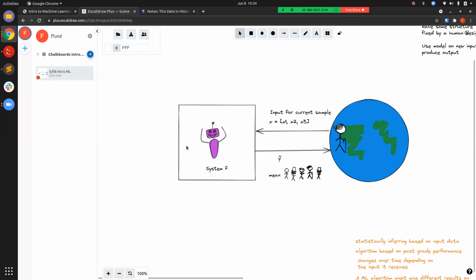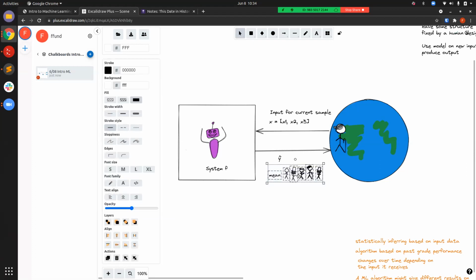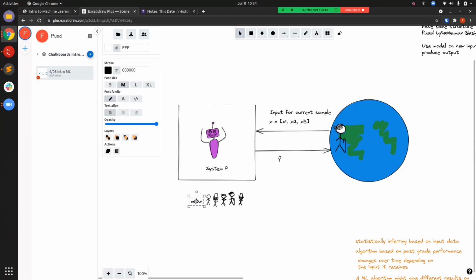And we'll go through our recipe. Okay. So I'm going to define the system F. I'm going to say y hat, which is our output value, is going to be f of x, which is going to be W0.